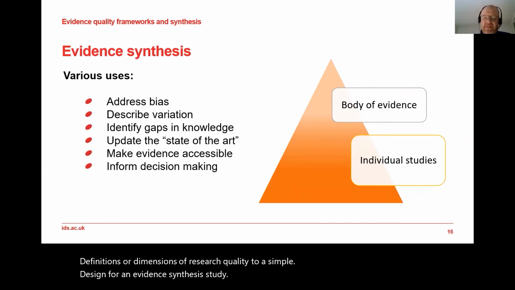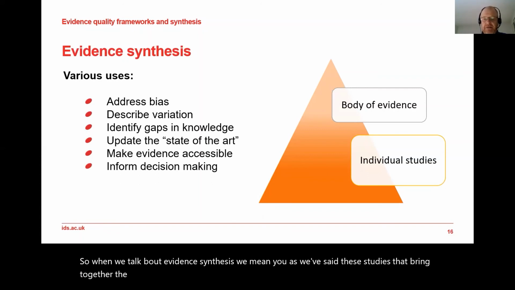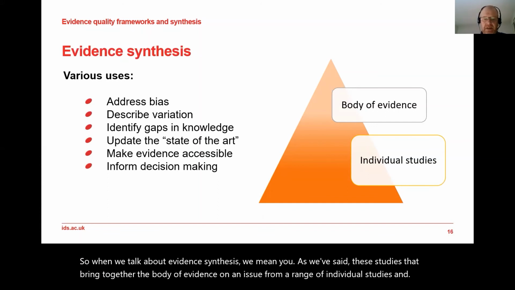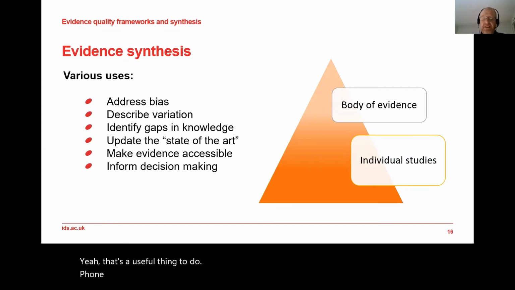So when we talk about evidence synthesis, we mean, as we've said, these studies that bring together the body of evidence on an issue from a range of individual studies. And that's a useful thing to do for a number of reasons. Again, as we've already discussed, it helps to address bias and reduce the likelihood of error.